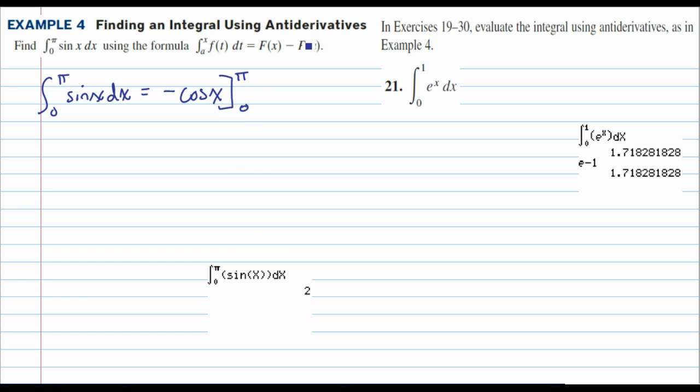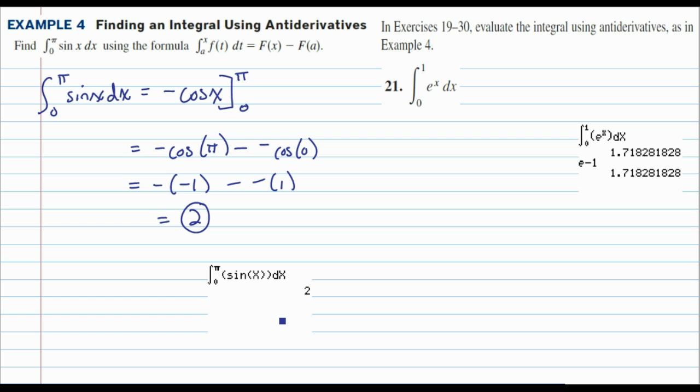So negative cosine of pi, minus negative cosine of 0. Negative cosine of pi is negative 1, and cosine of 0 is 1. So we have positive 1 plus another 1, which is 2.